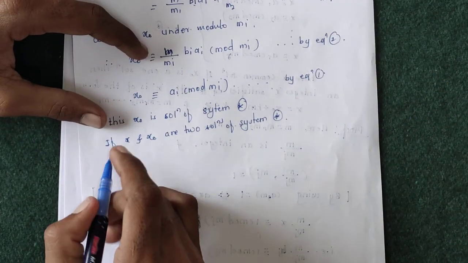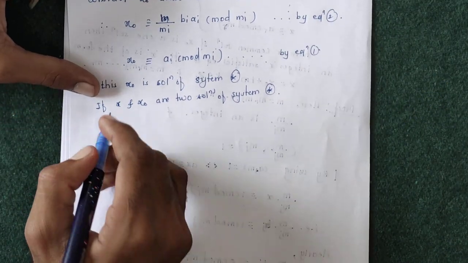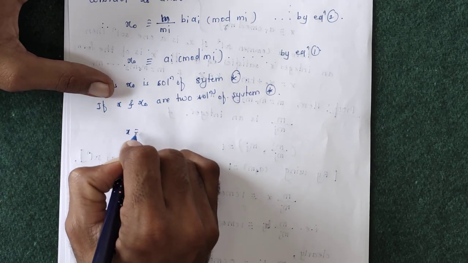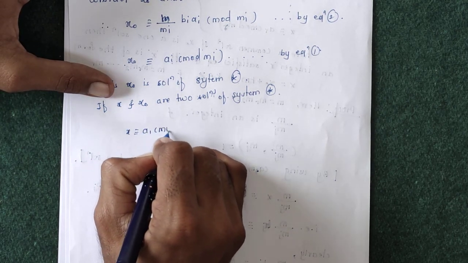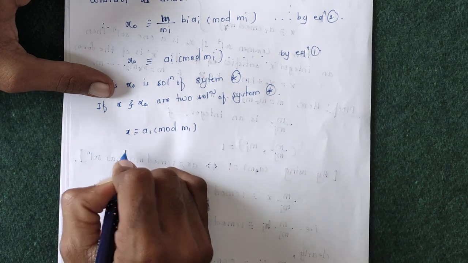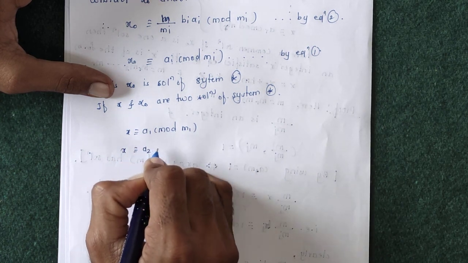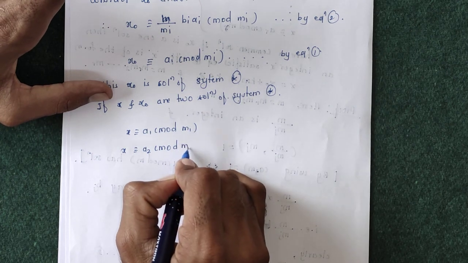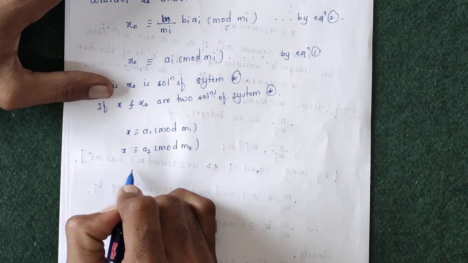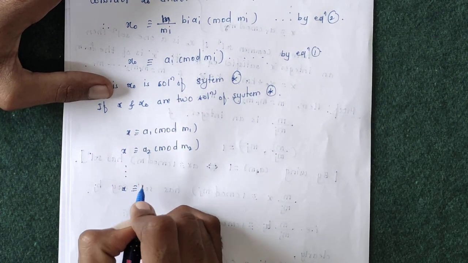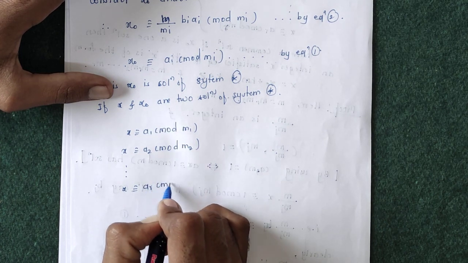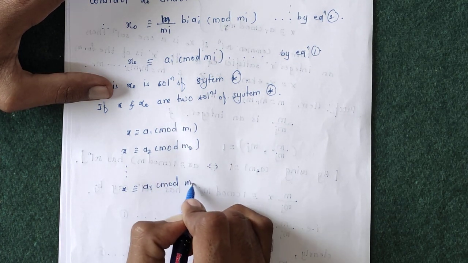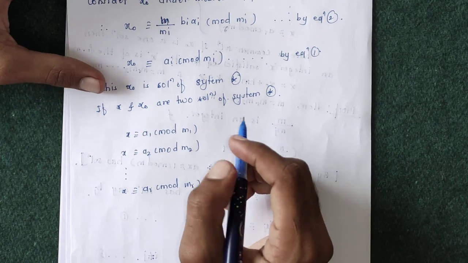So we can write x is congruent to a1 modulo m1, that x is congruent to a2 modulo m2, similarly this x is congruent to ar modulo mr, since x is a solution of the system.